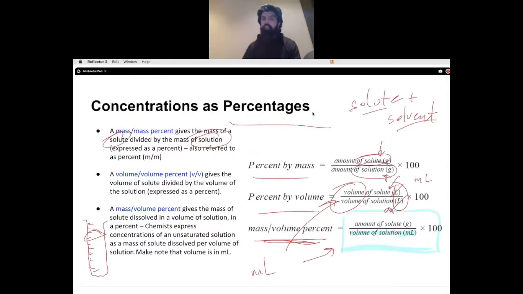All these percent concentrations that we're looking at deal with your solute divided by the entire solution of whatever you are mixing.